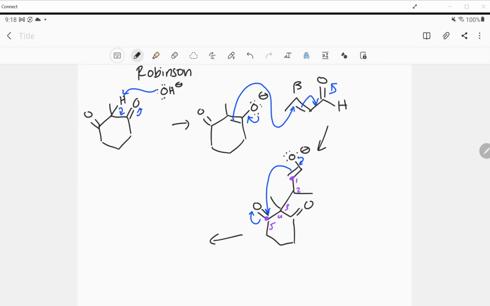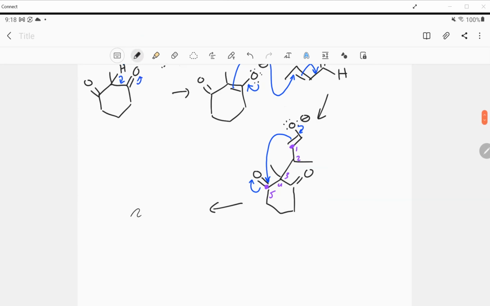So if we kind of redraw, I'm going to start with that cyclohexane part. So we have carbon 5 there, which will be connected to the new carbon 1. So this is carbon 5 right here. So that's going to be connected to carbon 1. So we're going to have a 5-membered ring here.